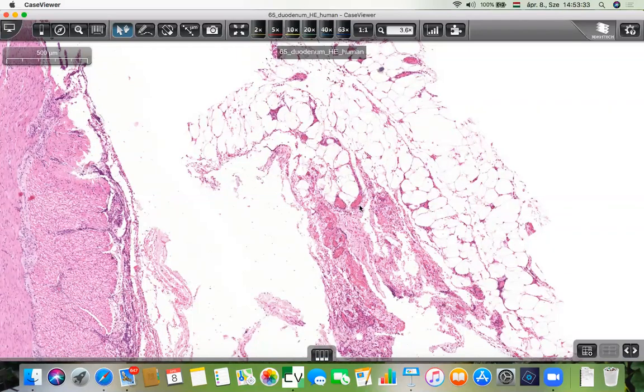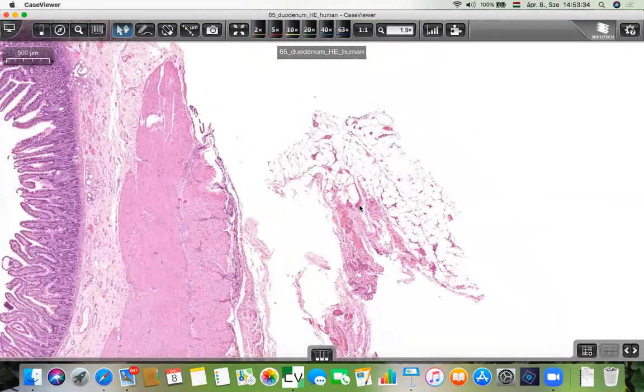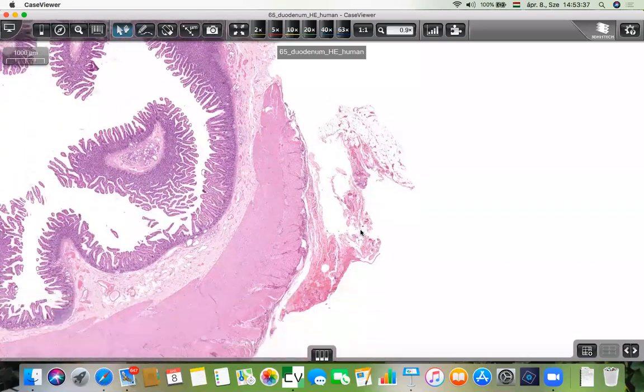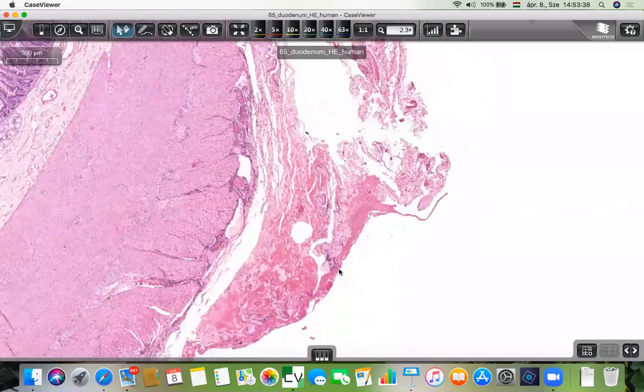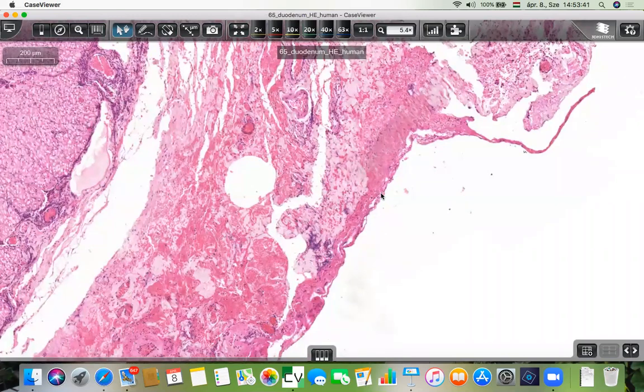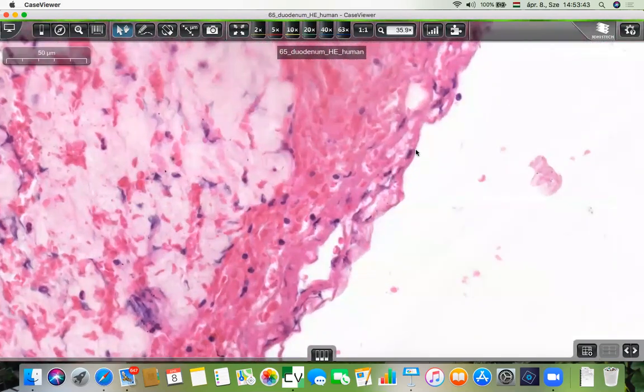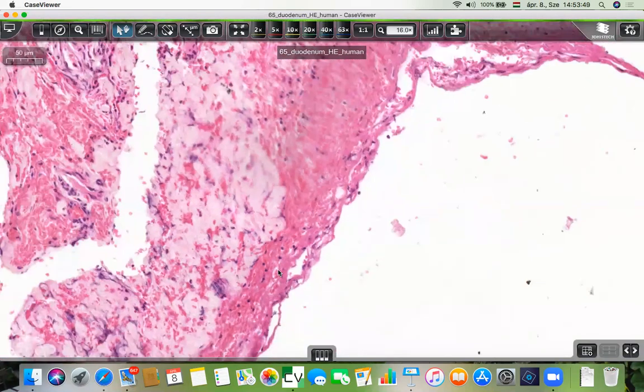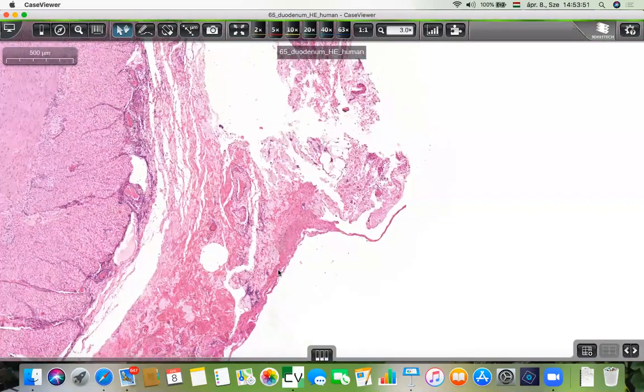So this is the adventitia. Only the superior part of the duodenum has mesothelial covering, and there is a thin layer of subserosa.